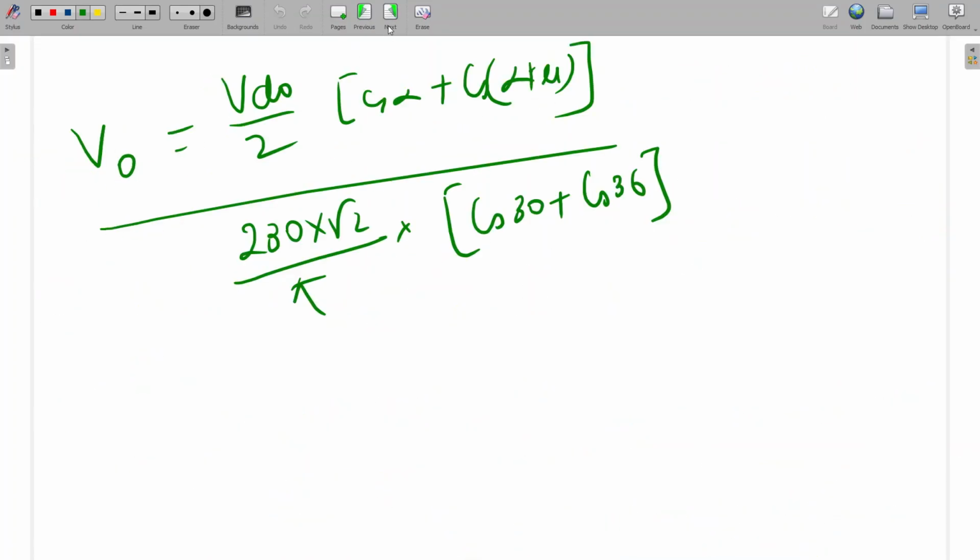So this will be the output voltage. 230 into root 2 gives 173.42. Correct. So that is 173.4. This is the only answer I have written here. So this is the final answer.